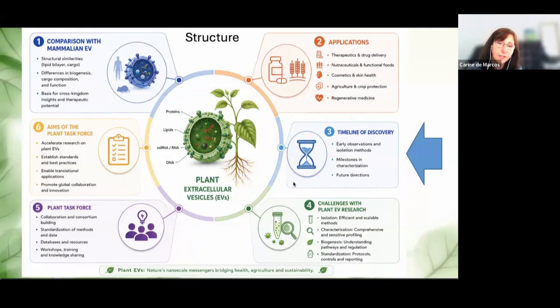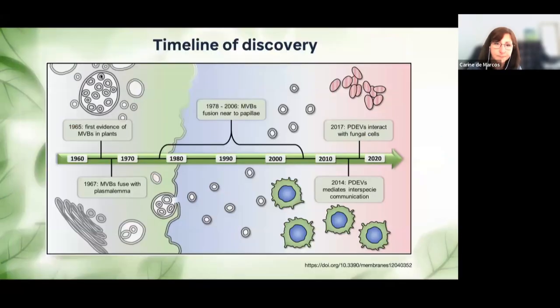And I thought it would be interesting to explain a little bit the timeline of discovery between plant-derived extracellular vesicles and mammalian EVs. So there was the first evidence of multivesicular bodies in plants already since 1965, with these multivesicular bodies fusing with the plasma membrane already in 1967.